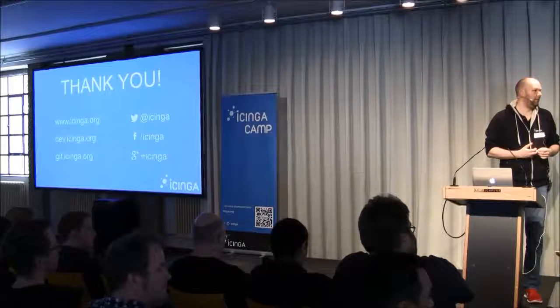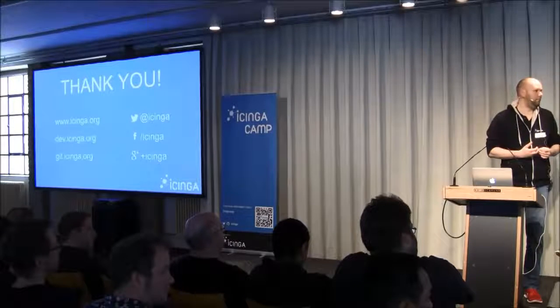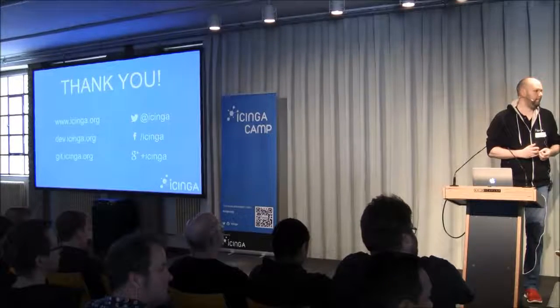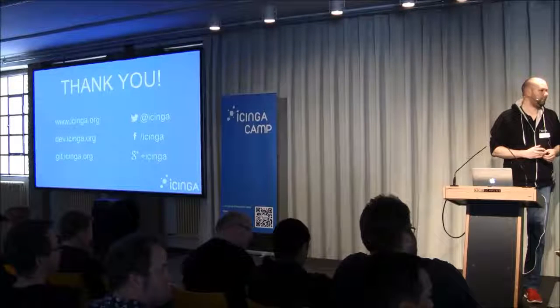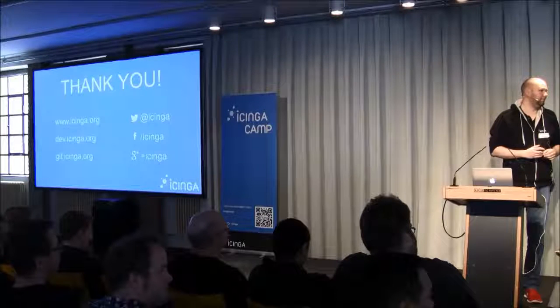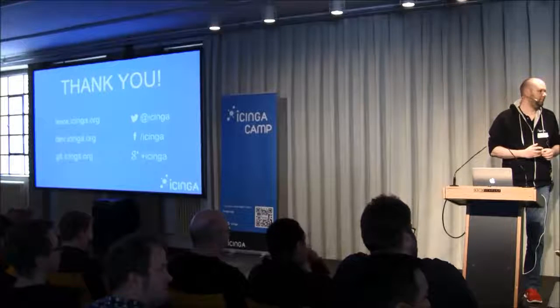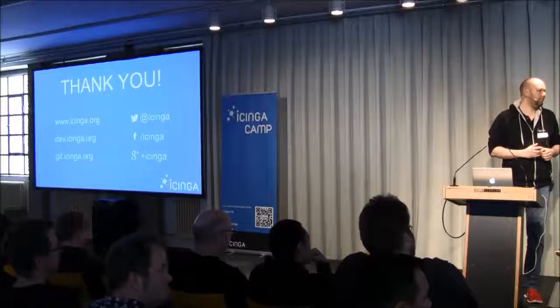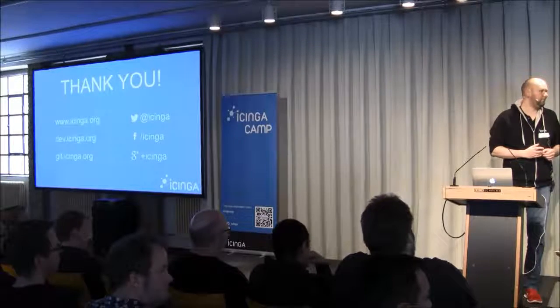When we integrate Icinga with other software, just for example, like they did with the Monitutor, the one that we saw in the preceding presentation, I have a fear that by going directly into the database and querying directly the database and relying, for example, on the fact that the dictionary has a certain format, we are using some internal specs that may change in the future, so we lose the compatibility of the integration.